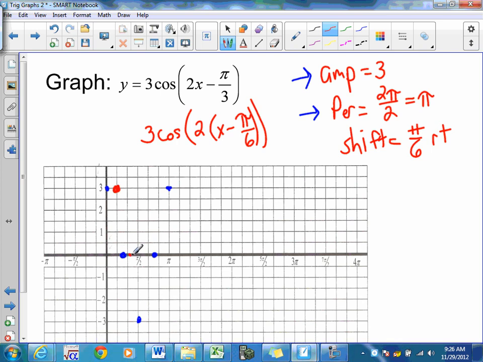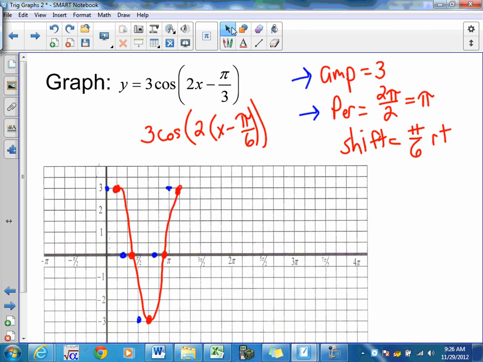So my red dots are my actual graph. It is okay to leave the blue dots on your graph, in light pencil. I'm looking for the connected red dots in this graph; that is our graph.